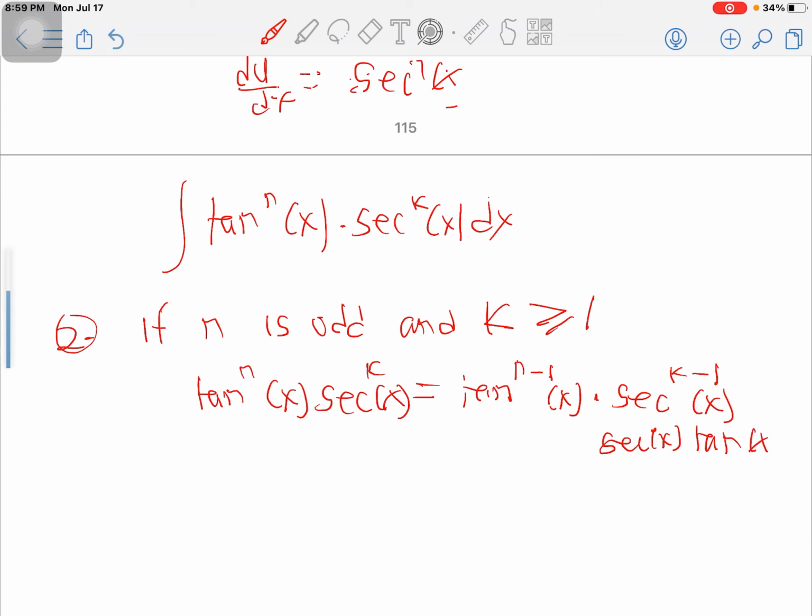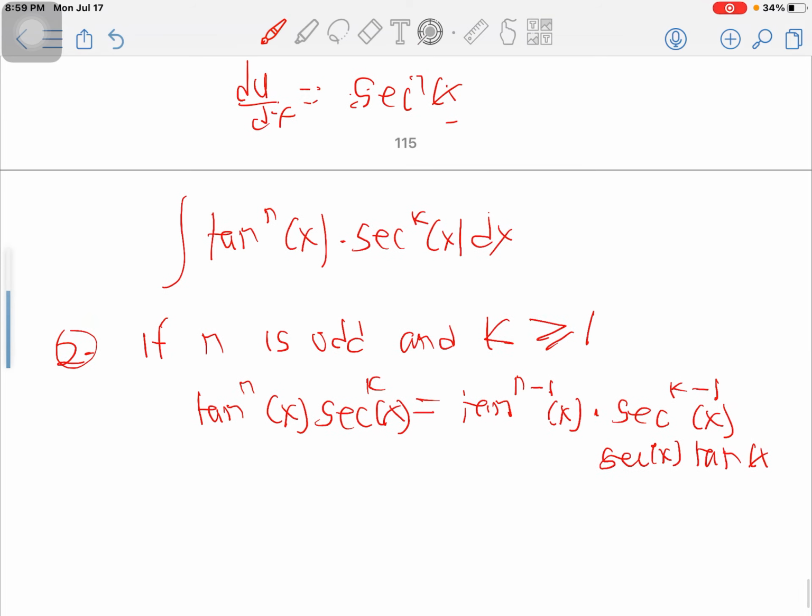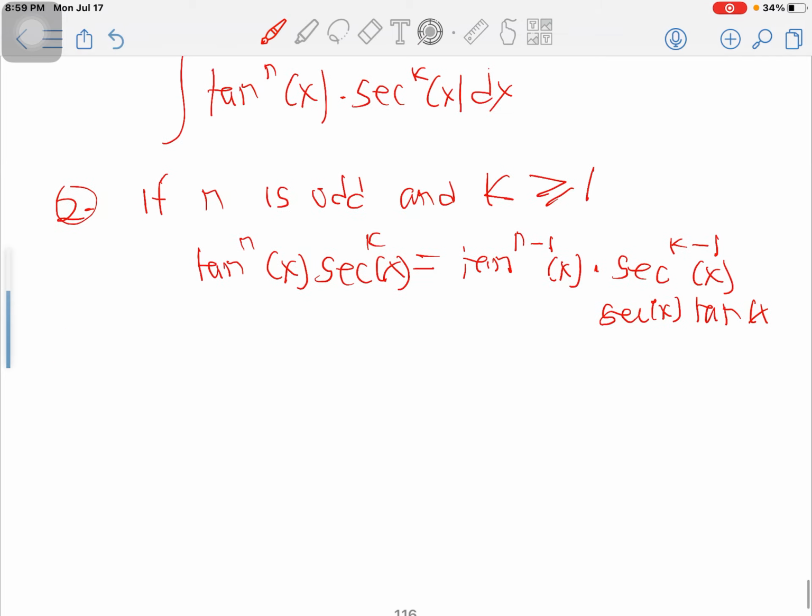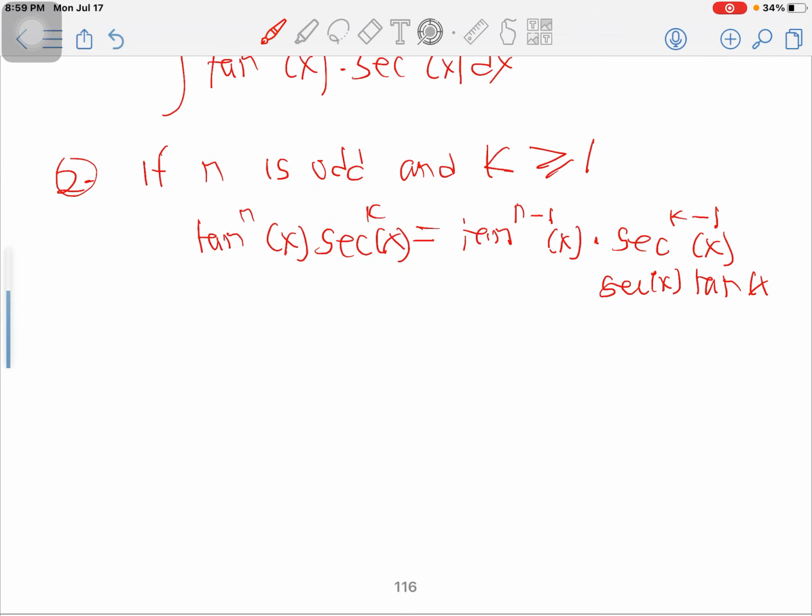When you are done, you multiply it by sec x tan x. That means that if you multiply these sec x tan x to these ones, we are going to get the same thing back: tan to the power n of x multiplied by sec to the power k of x. That's what you are going to get. So nothing changes from there.